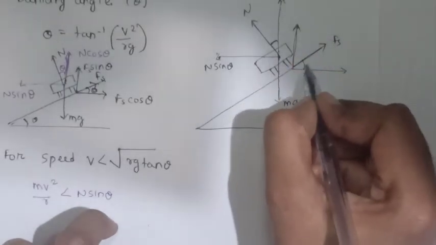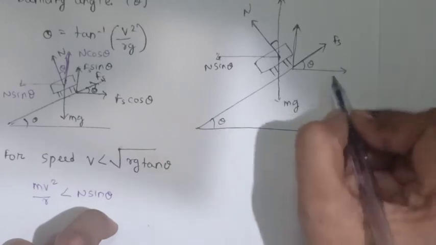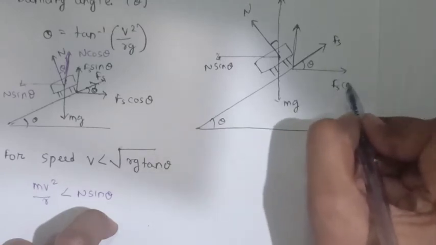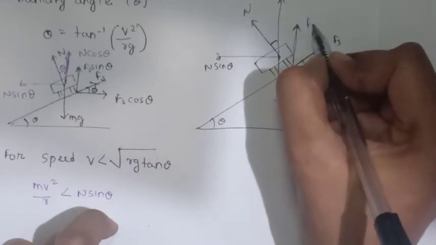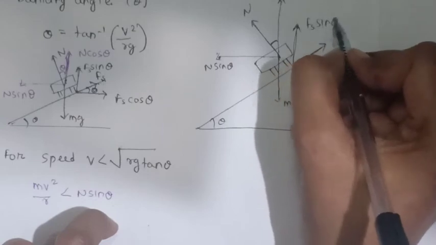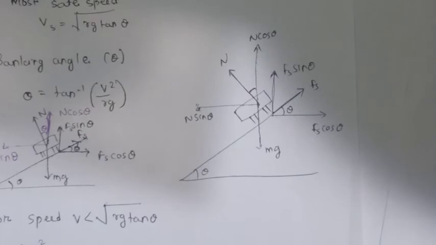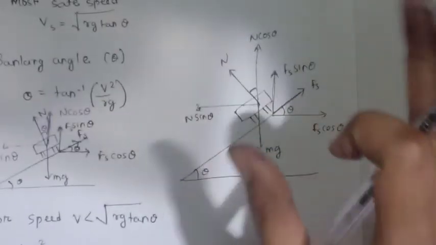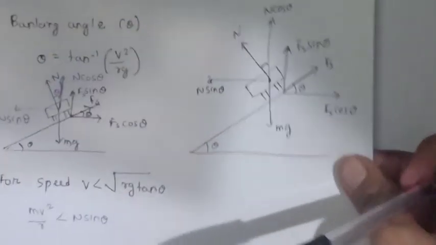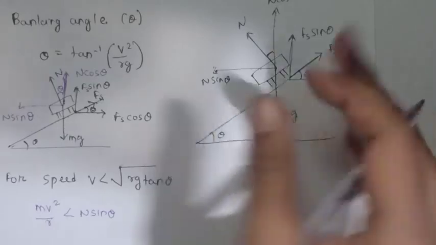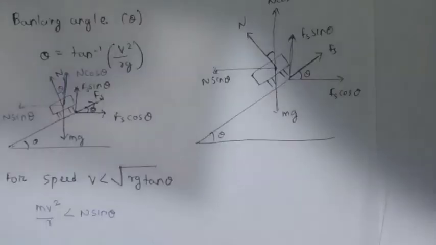This one would be theta, so this will be Fs cos theta, and this would be Fs sin theta. That's it. So practice this kind of example, because the whole derivation is based on this.